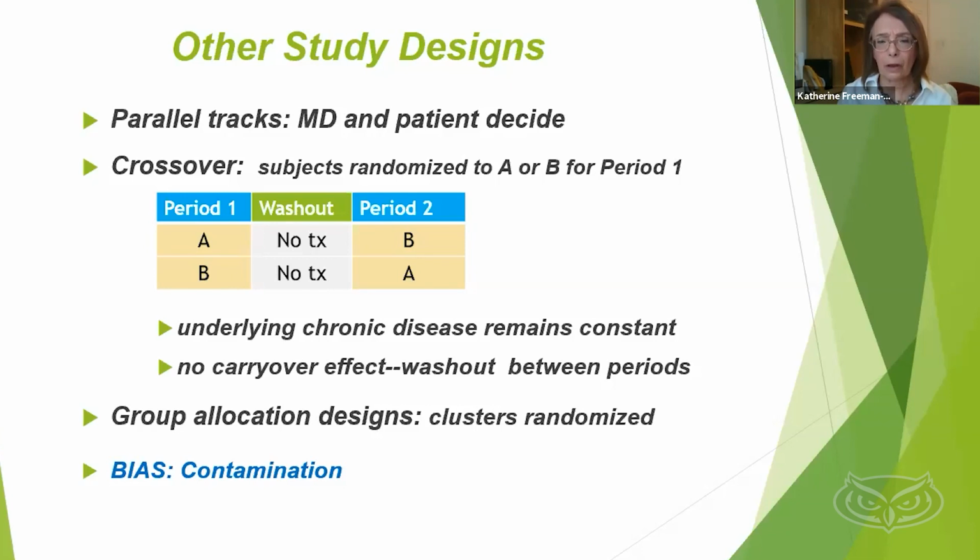Okay, another type of more complicated randomized trial is called a clustered randomized trial, whereby clusters of groups are randomized instead of individual subjects.